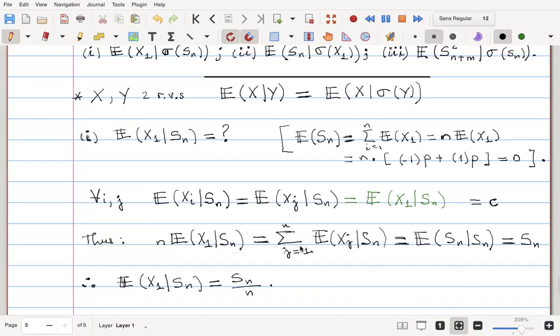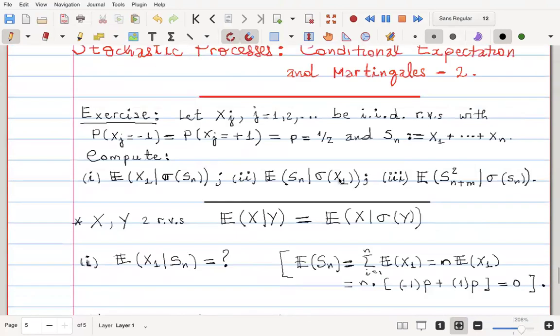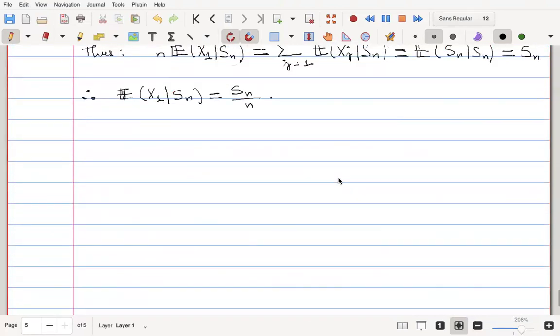So for the second question, we are going to compute the conditional expectation of Sn given S1. Actually, it's as if you are swapping these two positions.